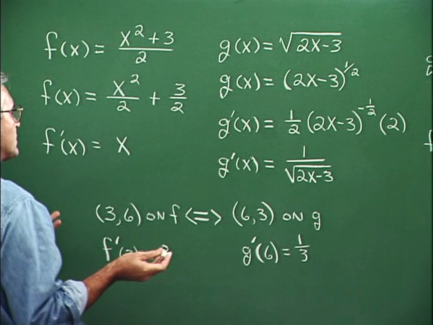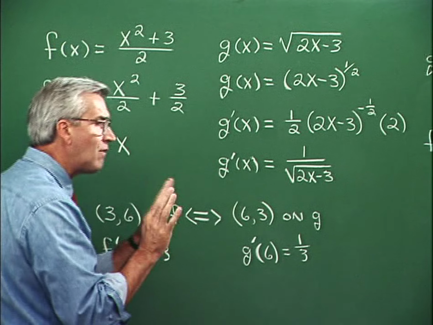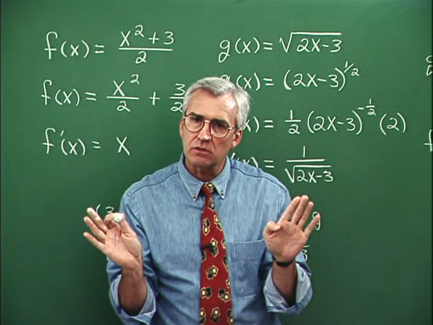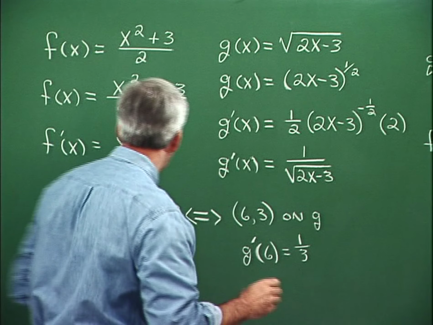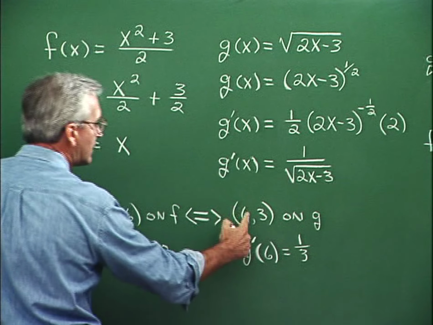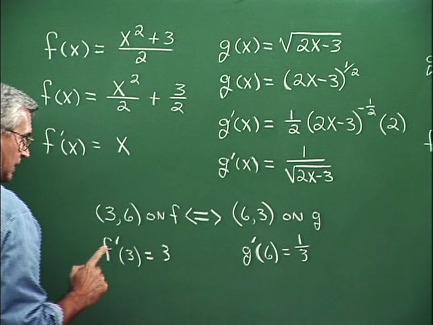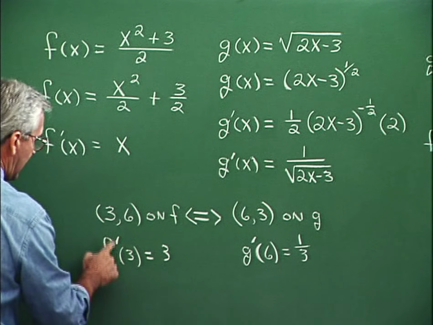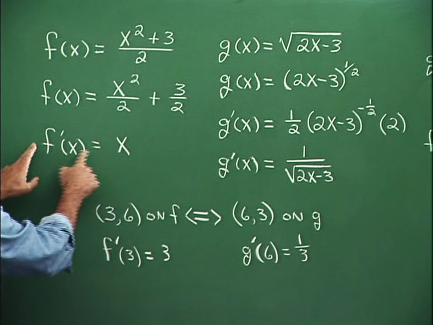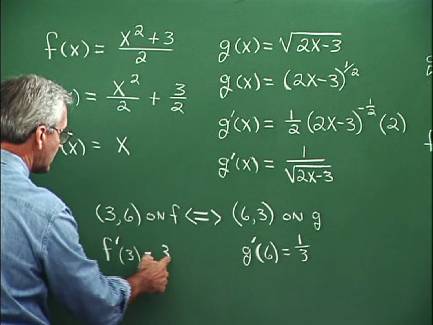Now, let's consider a situation involving a point on one graph and its counterpart on the other graph. Now, if the point 3, 6 is on f, then it implies that the point 6, 3 is on g, and vice versa. All right, now, what about f prime at this point? Well, f prime of 3 means, let's see, replace the x with 3, we would get 3. So f prime of 3 is 3.